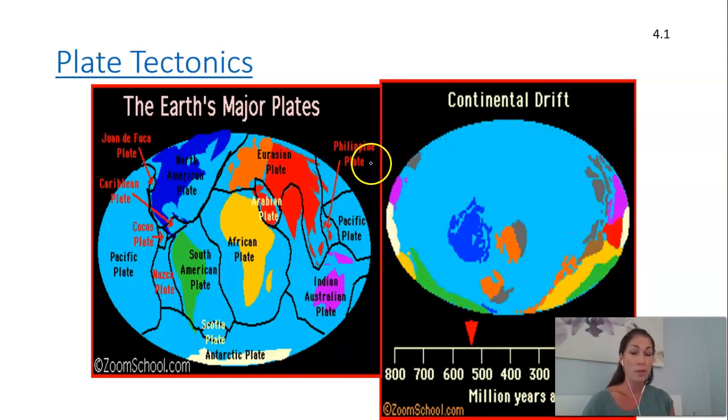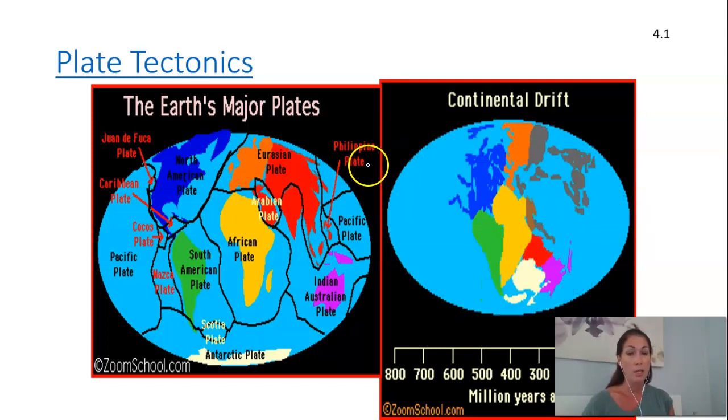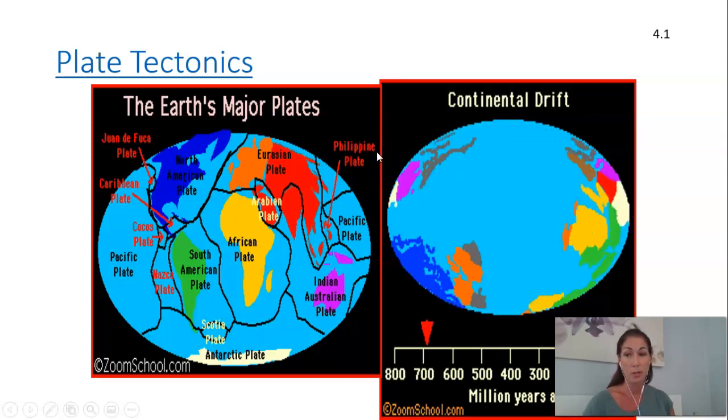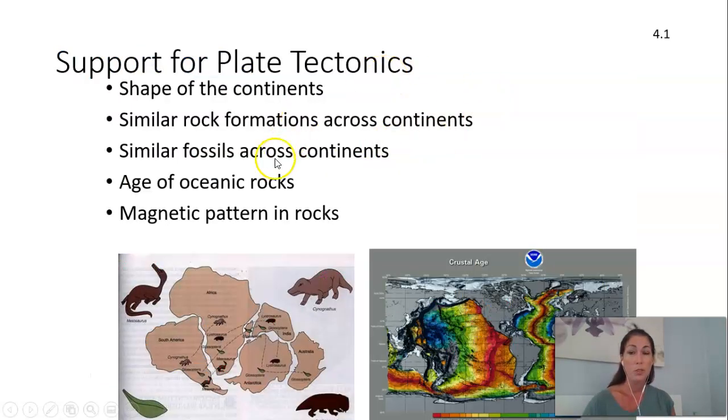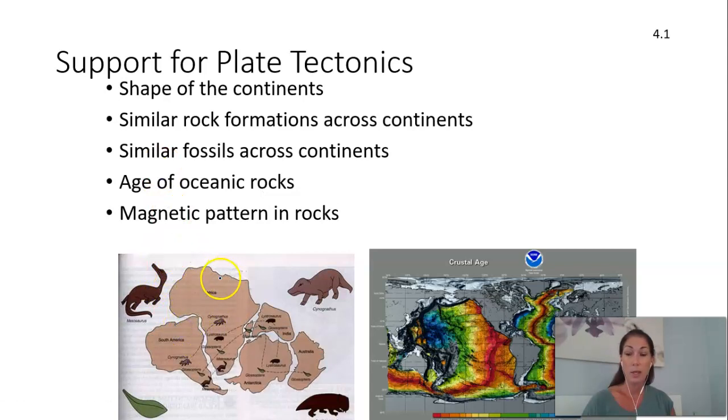Now there are several pieces of evidence that we have that help to support how we know that our continents have moved throughout geologic history. So some of the big ones is the shape of the continents. If you take a look at this picture down here, you can see that South America looks like it hugs right up against Africa and it kind of fits right in there.